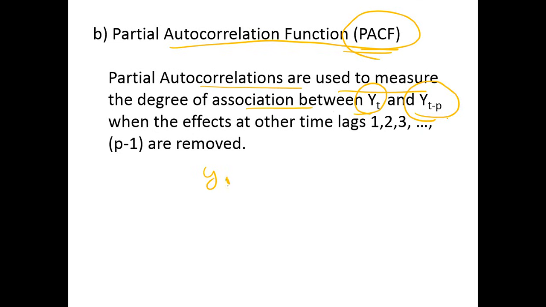Say this is y5 and this is y1. I remove y4, y3, y2, and then compute the partial autocorrelation.